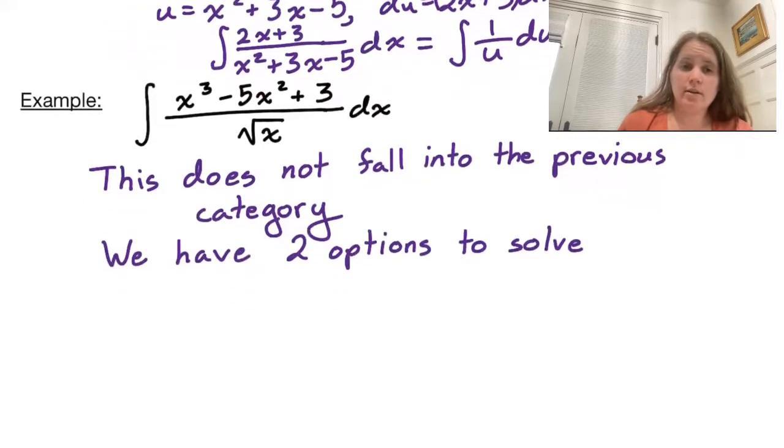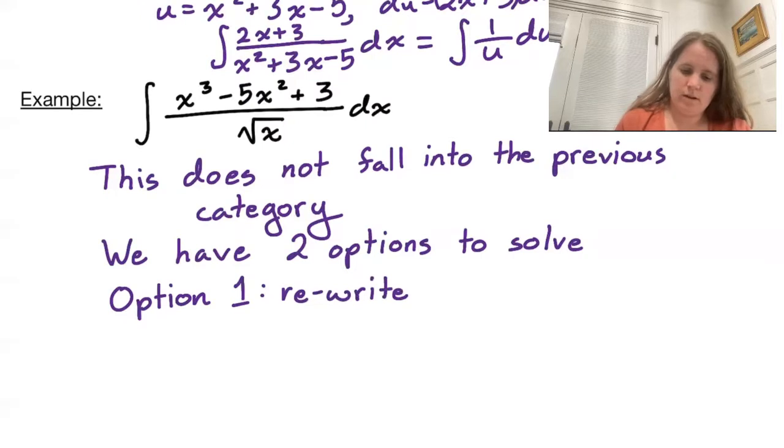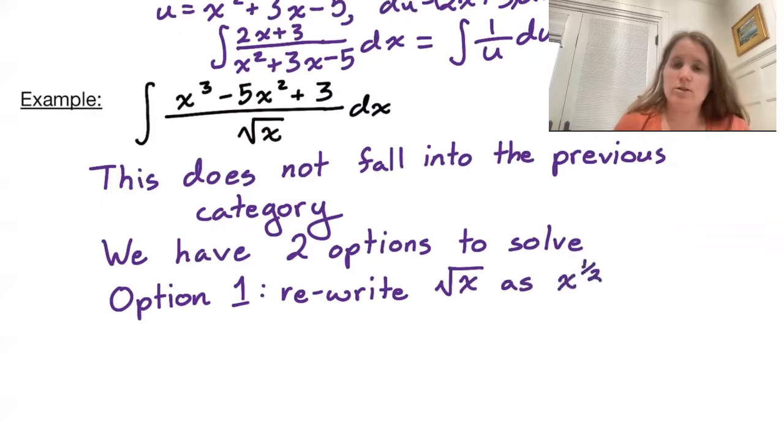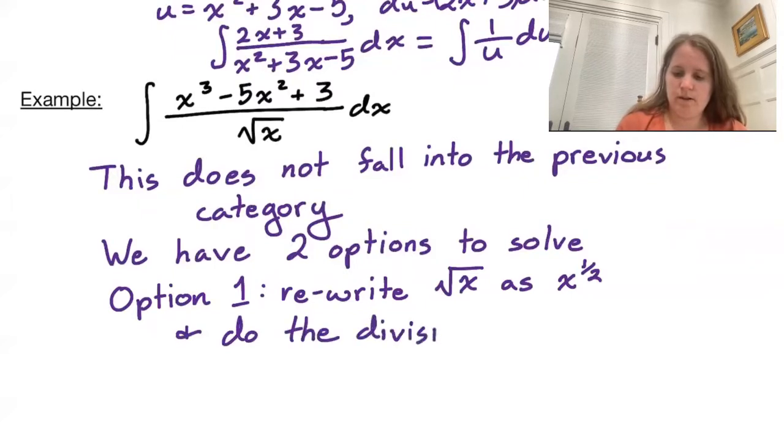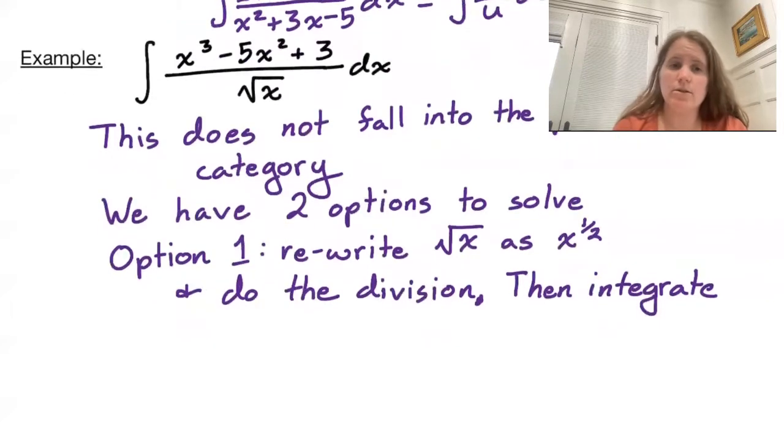So option 1 would be to rewrite square root x as x to the 1/2, and then just do the division. And then once we've done the division, then integrate. So that's option 1. We're going to take option 2, which is kind of a strange u substitution.